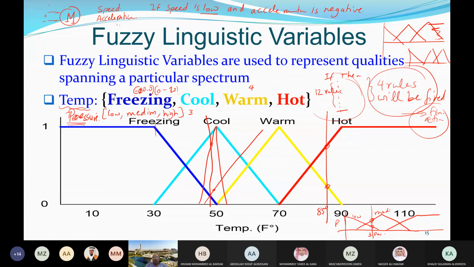And you also measure the acceleration and find it is negative. That means there is deceleration. So the speed is low and the motor is also decelerating. Did you get the point? What kind of action do you want to take here?